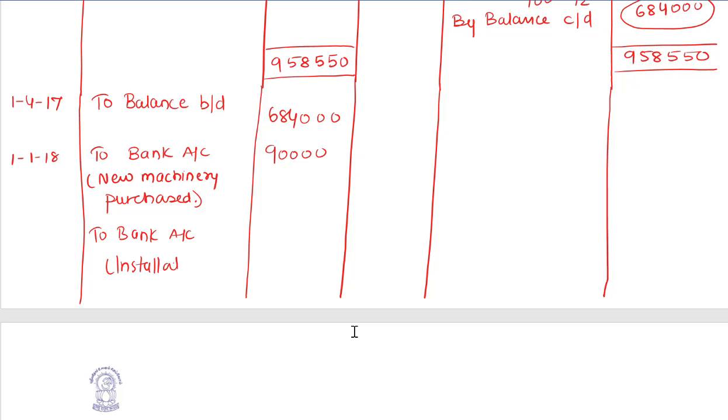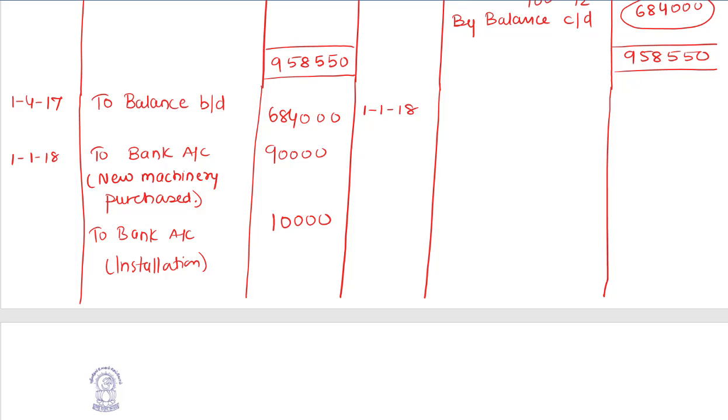So this installation of 10,000 needs to be capitalized. Now we have also sold the machinery on this date, that is 1st of January 2018.